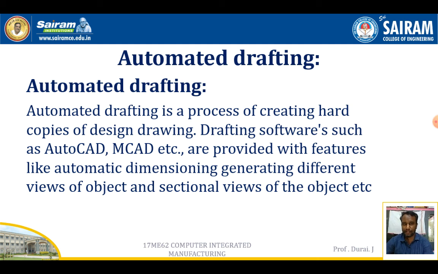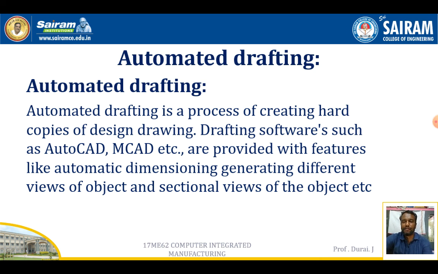But here in automated drafting, whichever A4 size sheet is selected in the computer itself, the orthographic views are pasted and the bill of material column, everything is attached. Then it is given to the people who want to find the object.